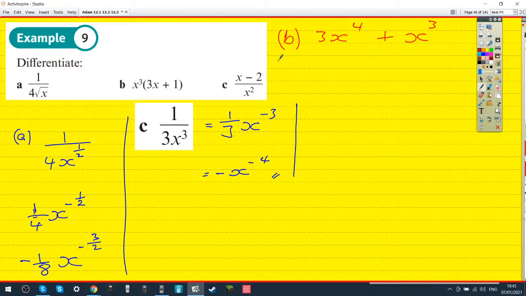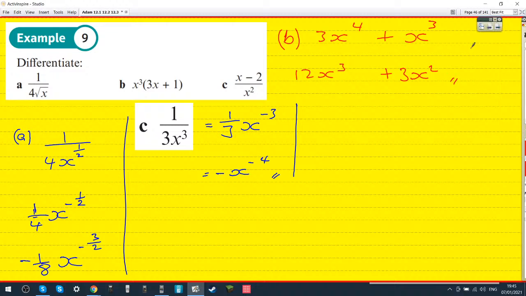Okay. So the answer's 12x cubed plus 3x squared. 3x squared. And that one is 12x cubed. Yep. Any idea about part C?